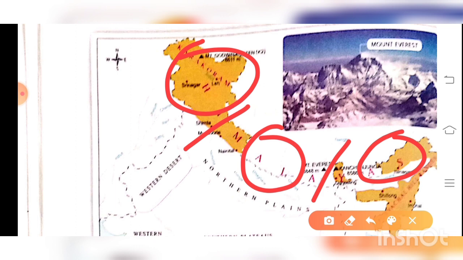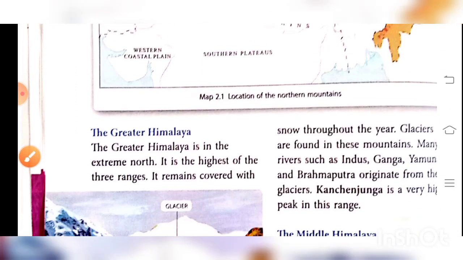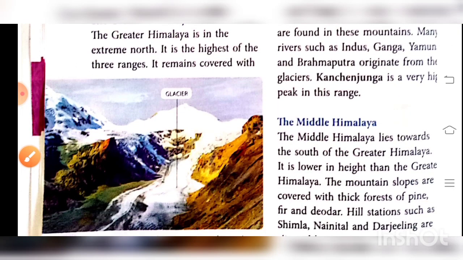So students, Middle Himalaya lies towards the south of Greater Himalaya. South of Greater Himalaya, this is called south direction.